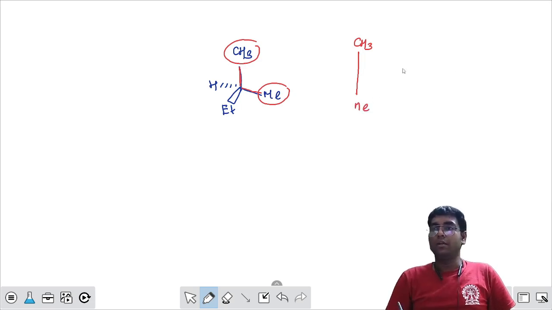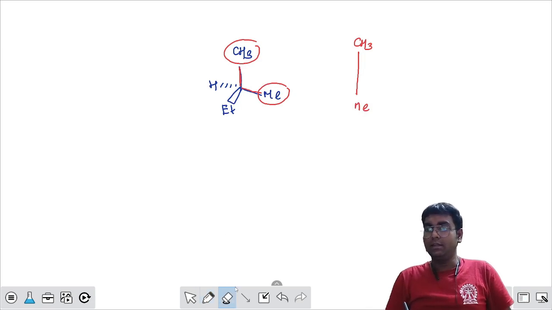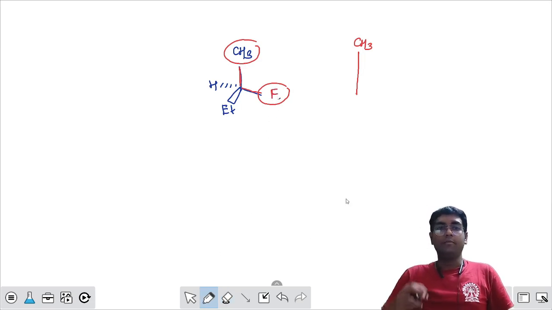We have to extend them in a linear fashion. So this CH3, let's write it more clearly. So this is not CH3. Let's change it and draw it as fluorine.